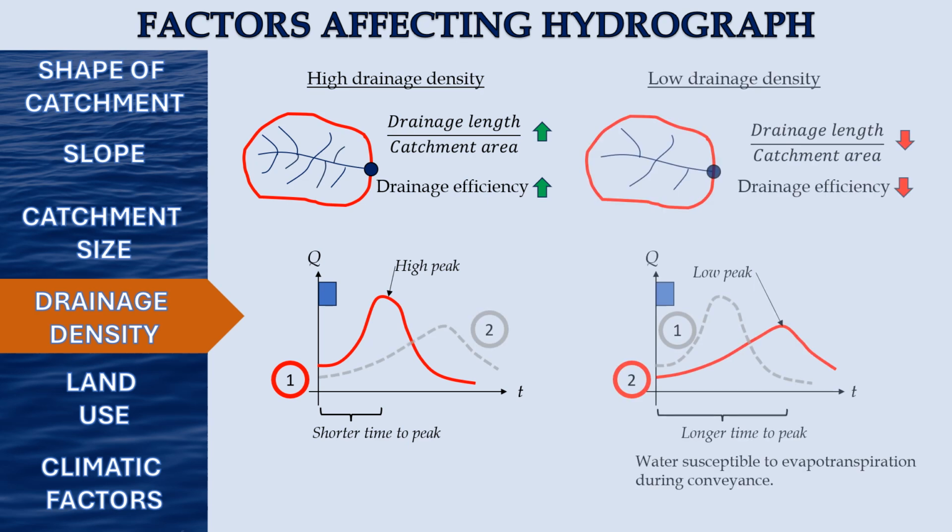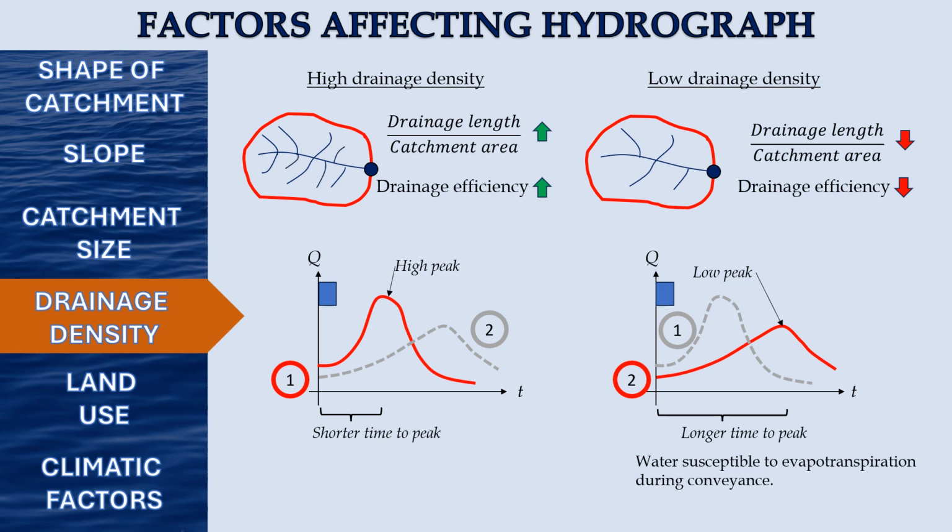On the other hand, for a catchment with low drainage density, overland flow is predominant. Ineffective runoff conveyance is reflected by a slowly rising limb. A greater amount of water is now subjected to other hydrological processes such as evapotranspiration.